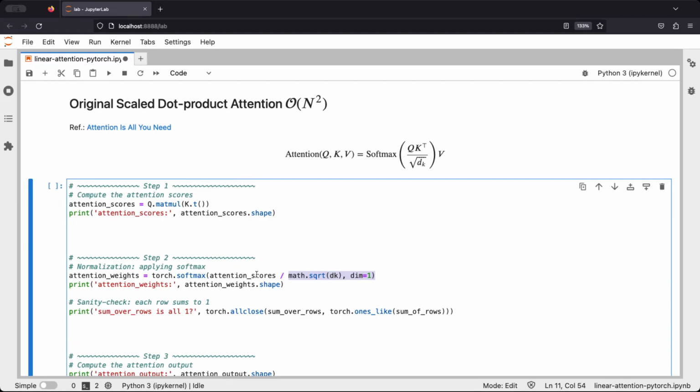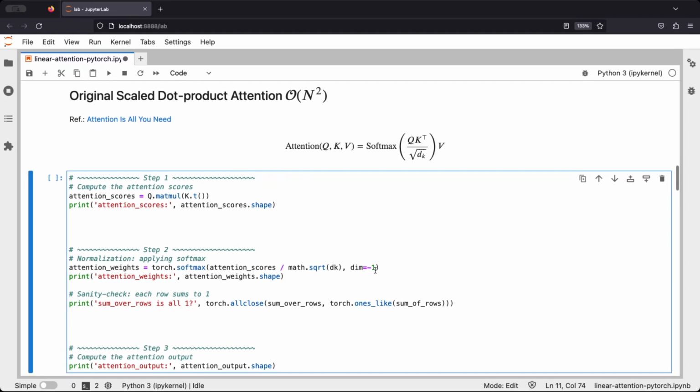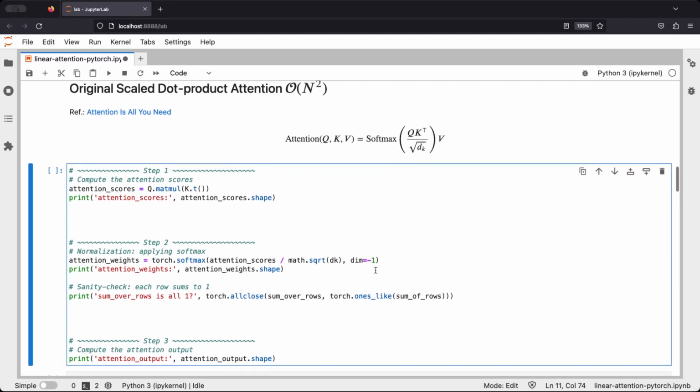We have to be careful with the dimensionalities. In this case, our queries, keys, and values are all two-dimensional, so we don't have any batch dimension. So 1 is fine. But if we had the batch dimension, then we should have used 2. Or if we use -1, that is safer, because -1 would work for both cases.